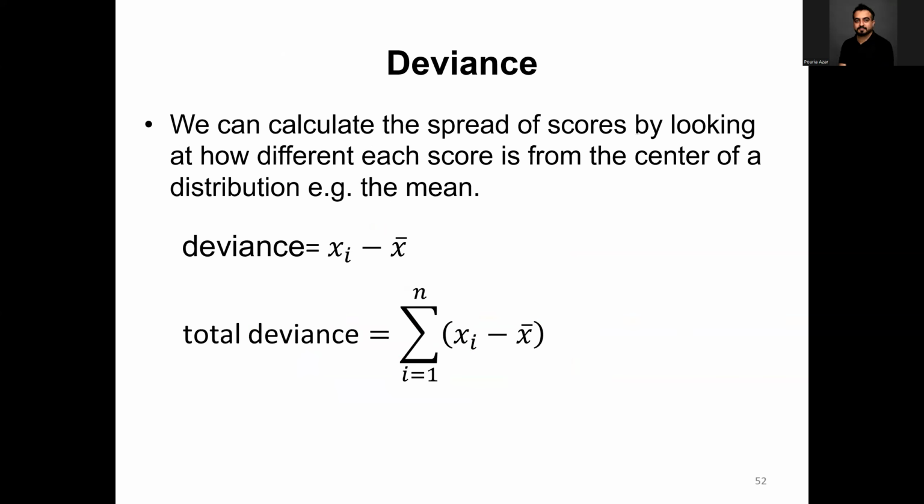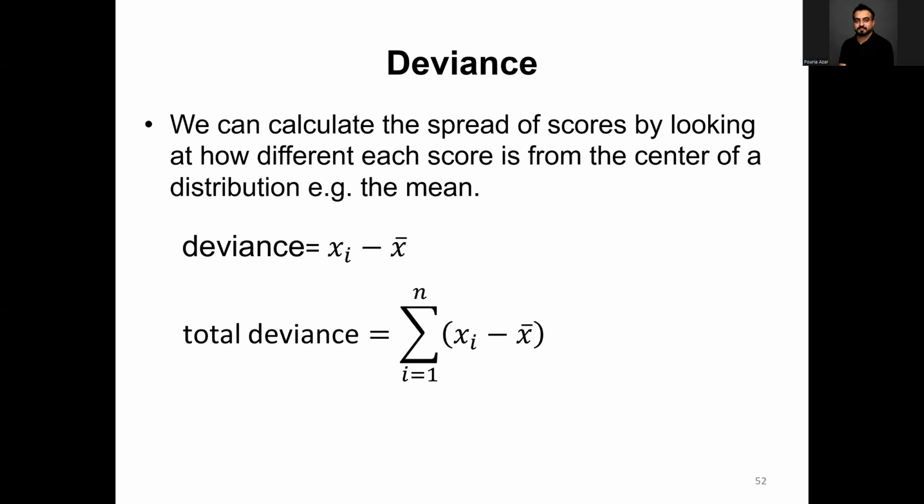Deviance is another way of showing the spread of scores by looking at how different each score is from the center of a distribution, for example, the mean. The deviance is each data point minus X bar, which is the mean of our data set.